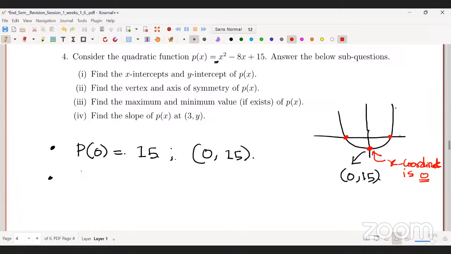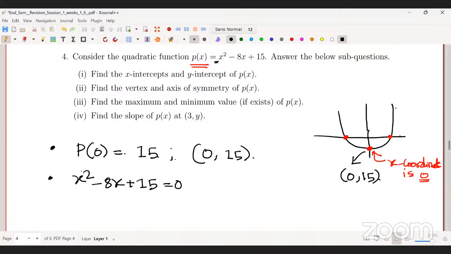So the x-intercept is basically all the points where the y coordinate is 0. That means p of x is 0. So if p of x is 0, then we have x squared minus 8x plus 15, which is 0.